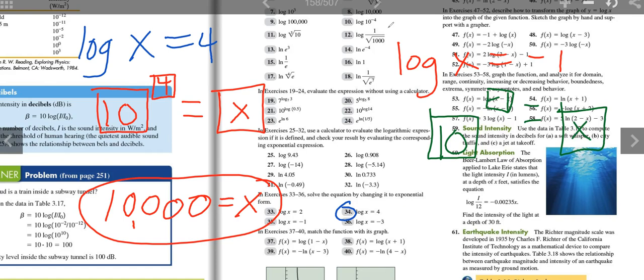Equals x. And what is 10 to the -1st? What do we normally call 10 to the -1st? I'll take it as a fraction or a decimal. What'd you say? 1 over 10, thank you. That's a good fraction version. Anybody got the decimal version? 0.1? Yep. I'll take either one of those.